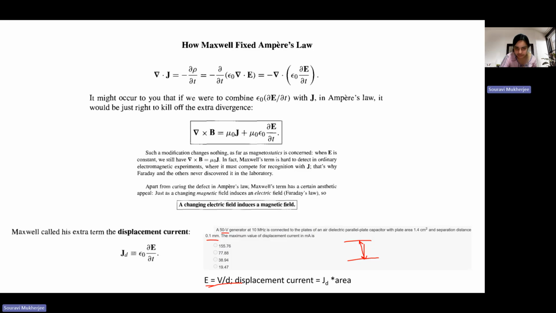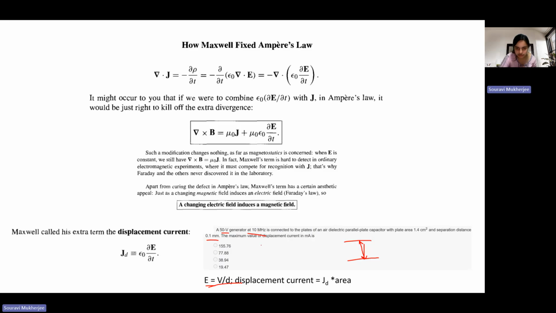Now, an important point here is that your V is not constant. Your V is changing. It's a generator at 10 megahertz, so V is of the form V naught sine omega t. Omega is given in hertz, so omega is nothing but 2 pi into 10 megahertz, 10 into 10 to the power 6.